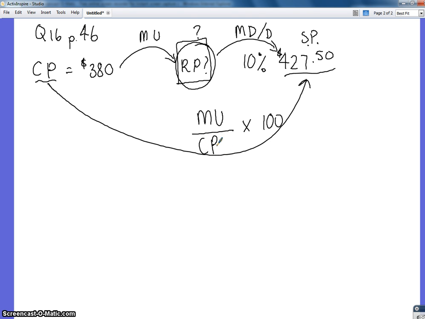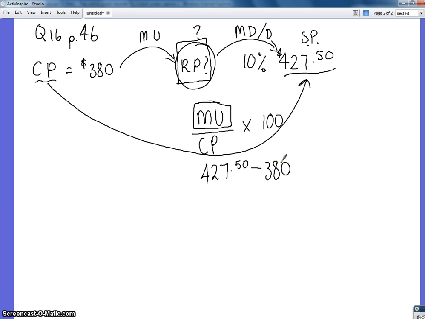Alright, so how would we work out our markup regardless of what the answer is? What was the markup on this product? Yeah, absolutely. So 427.50 subtract the 380.